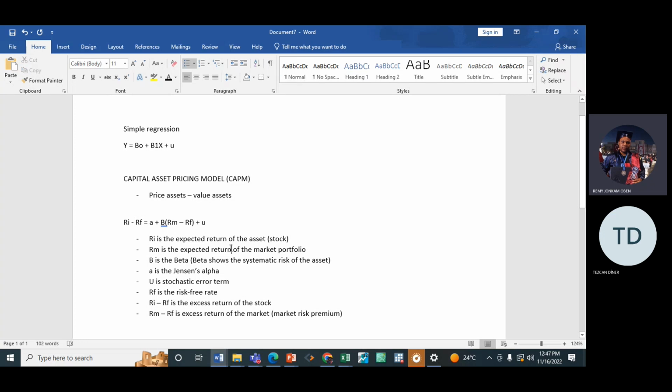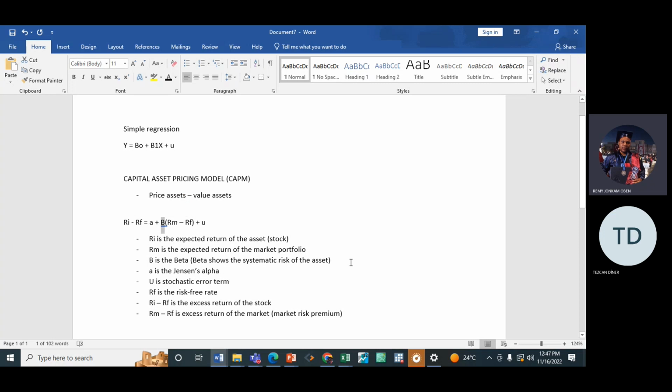So now, you mentioned something that the beta of the market is 1. And I said I will get there. Let me explain that. I told you that this beta shows the systematic risks of the stock, not of the market. This beta here, this B here, is the systematic risks of the stock, right?